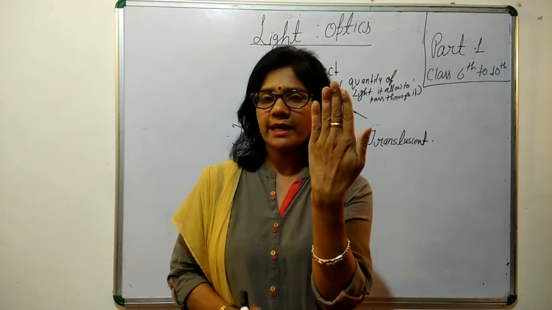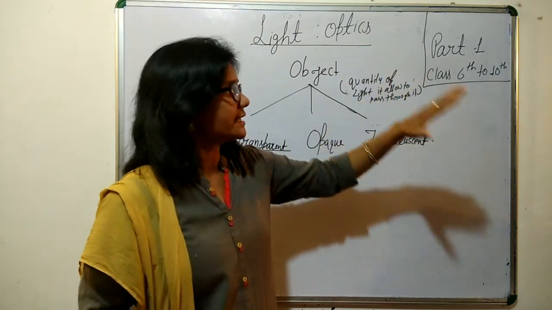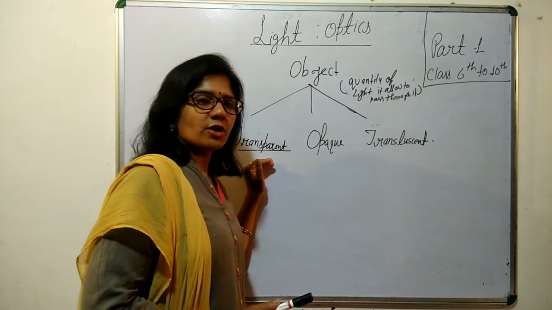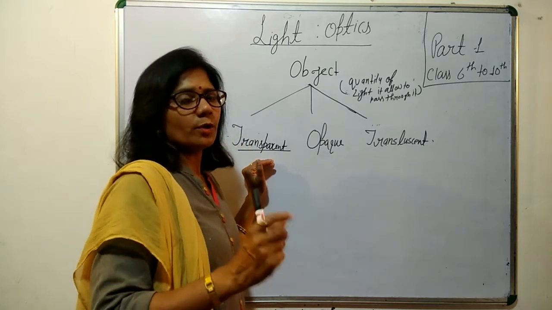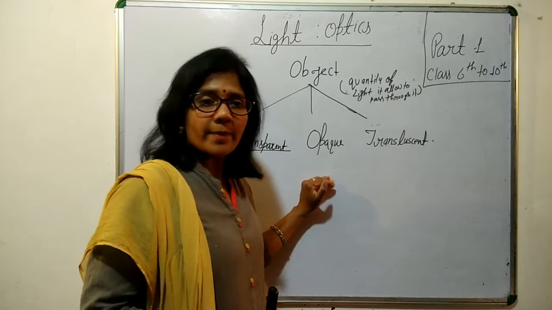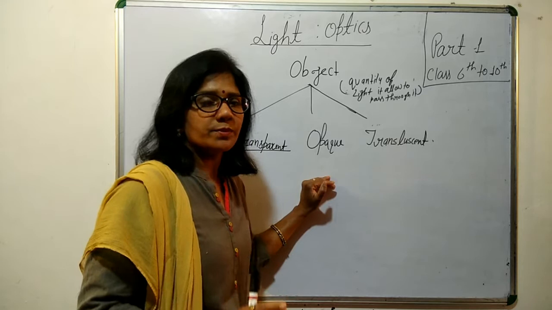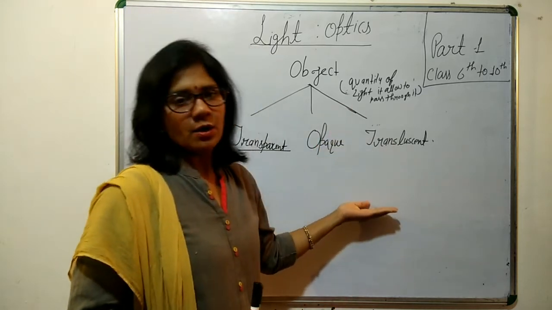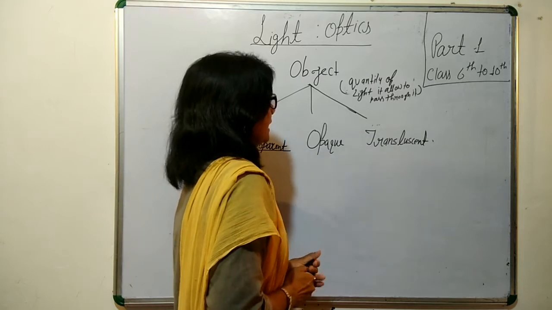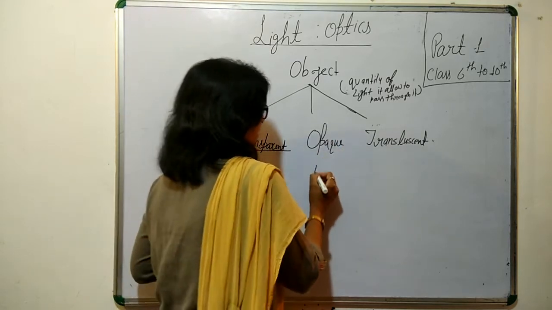For example, my hand, this marker, even the board, we can't see across this. In case of a transparent object, we can see any object across it. But in case of an opaque object, we are not able to see any object across it. Its example you can take wood.